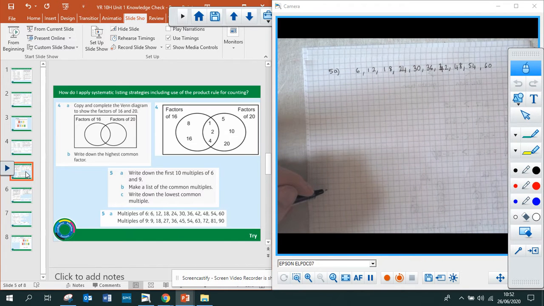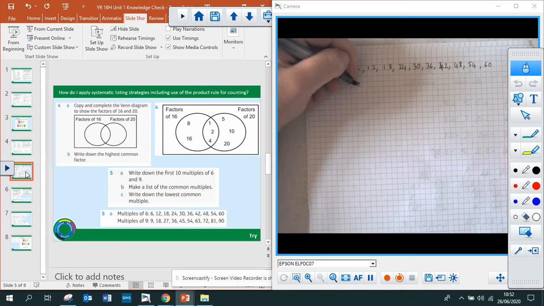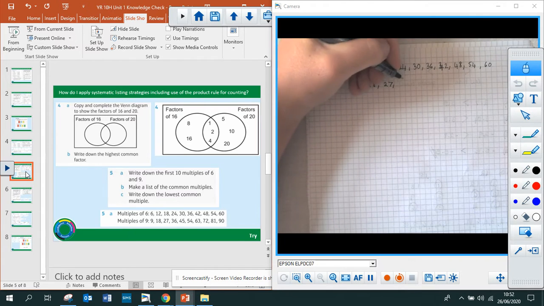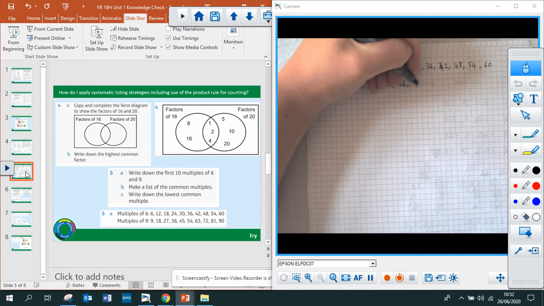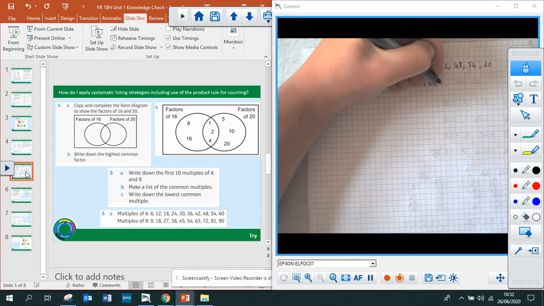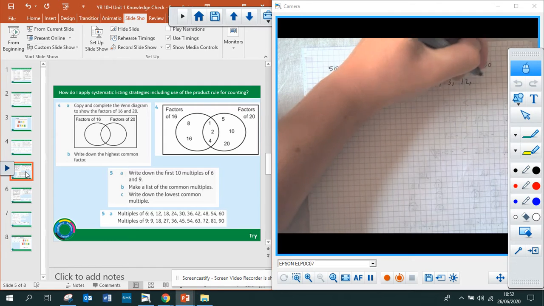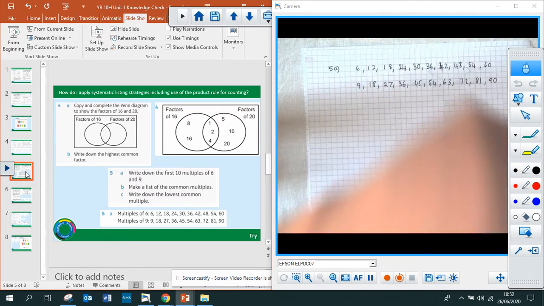Then the first 10 multiples of 9. So 9, 18, 27, 36, 45, 54, 63, 72, 81, and 90.